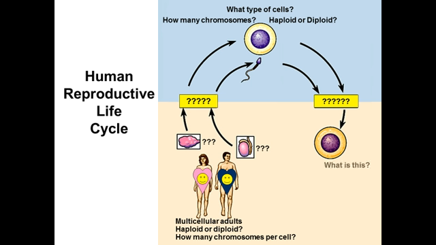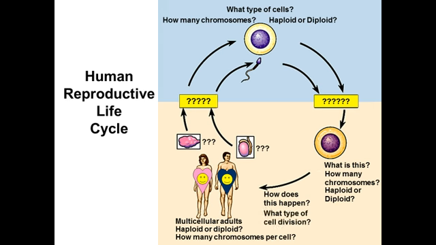We end up with another type of cell. What is that called? How many chromosomes does it have? Is it haploid or diploid? Okay. That cell goes through some development to create these multicellular organisms. How does this happen? What type of cell division results in these multicellular organisms?